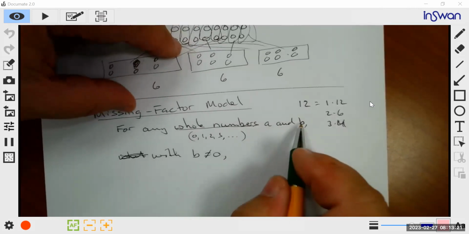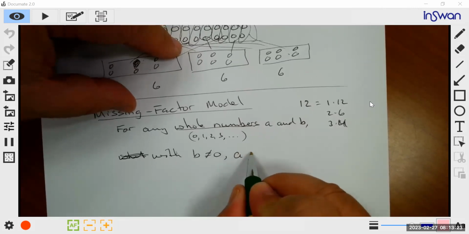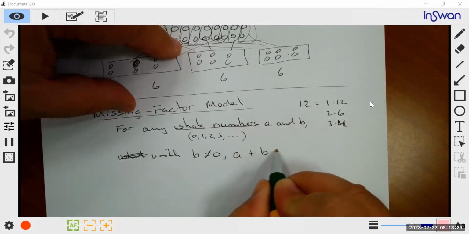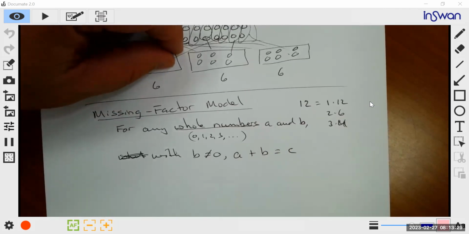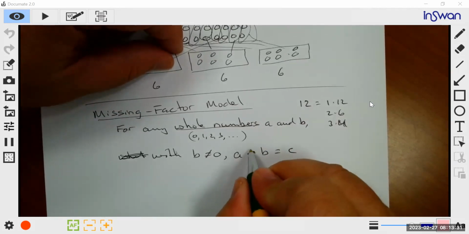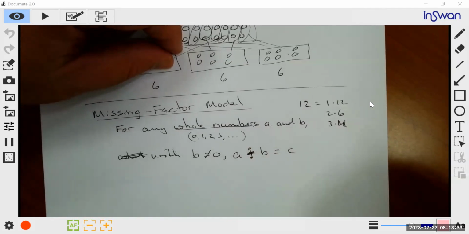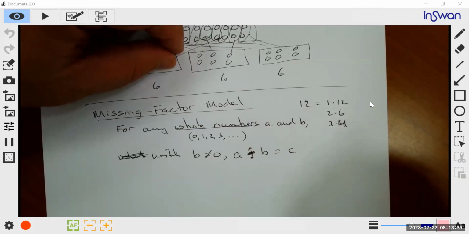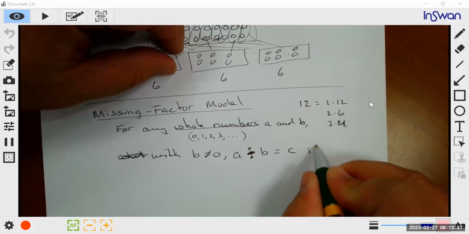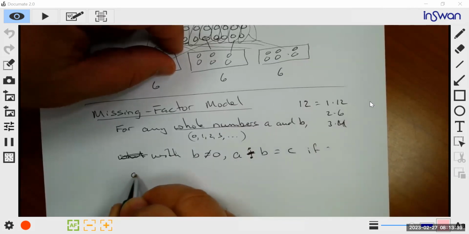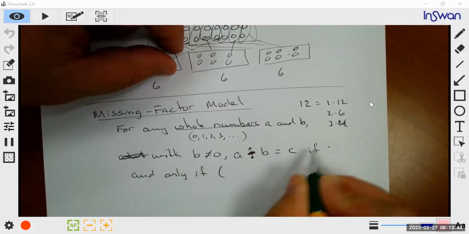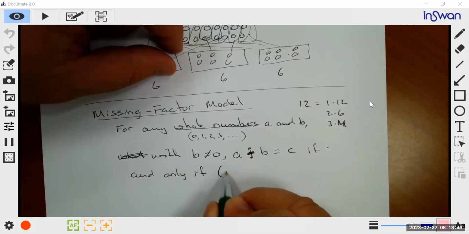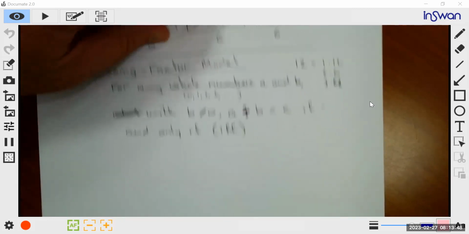So we know that A divided by B equals C if and only if, and from now on, whenever I say if and only if, I'm going to write IFF.